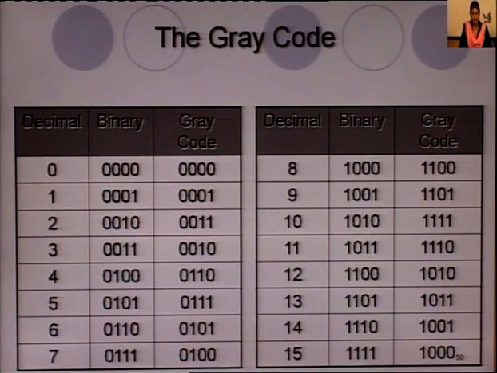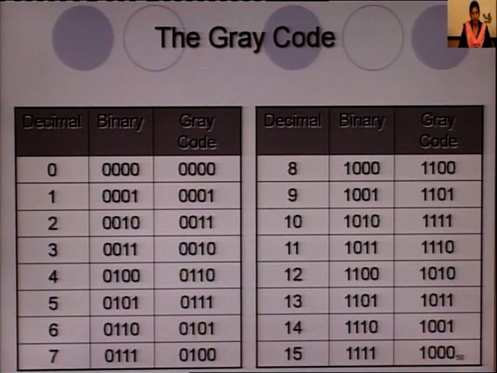For binary it is 0010, and for Gray code it is 0011, and for 3 it is 0011 in binary, and for Gray it is 0010, and so on. As we have studied, from 0 to 15 decimal values, binary and Gray codes are represented in this table.